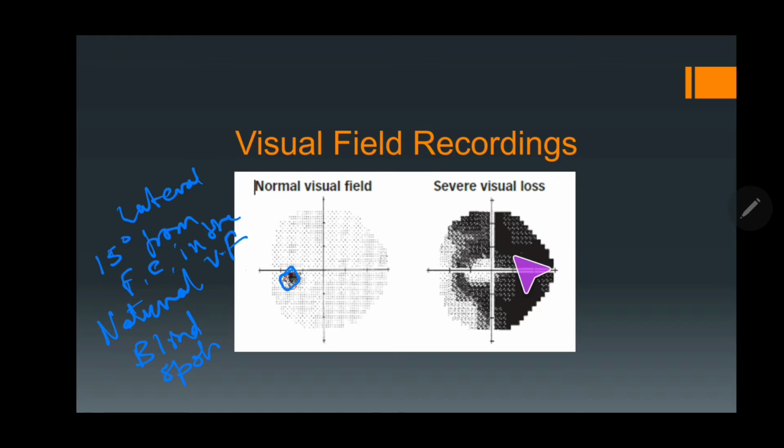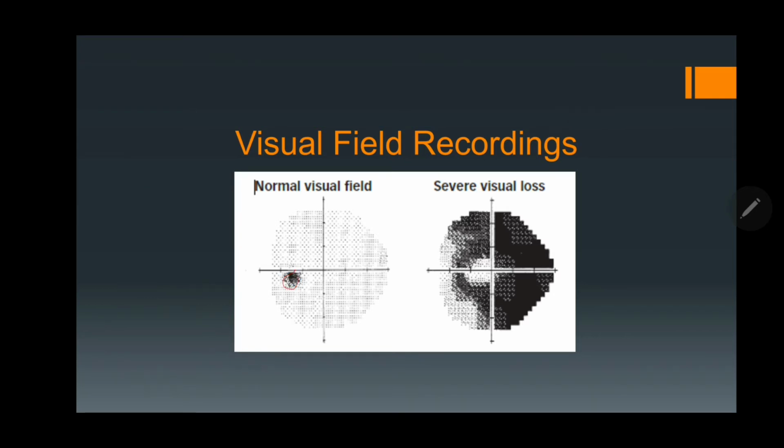If a person has this sort of defect in the right visual field, that means he has some sort of lesion in the fibers running from the nasal hemiretinae. Got it? So this is how you can read the images of the visual field.